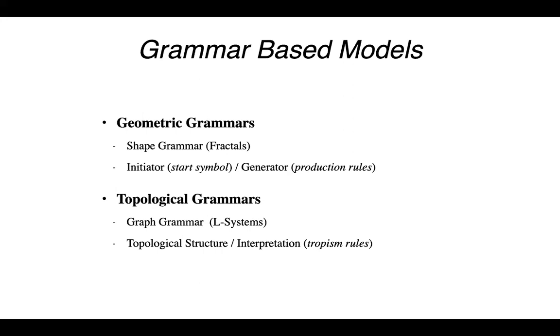And geometric grammars are shape grammars that are associated with fractals. And they are used to describe this very complex geometry that has self-similarity and is associated with some process like the action of erosion and things like that.